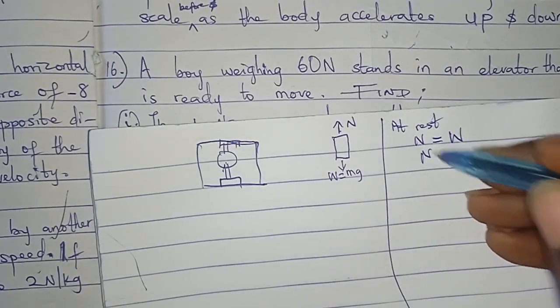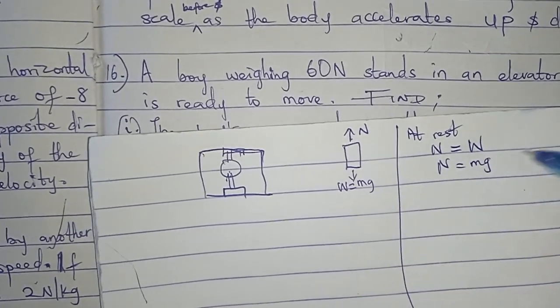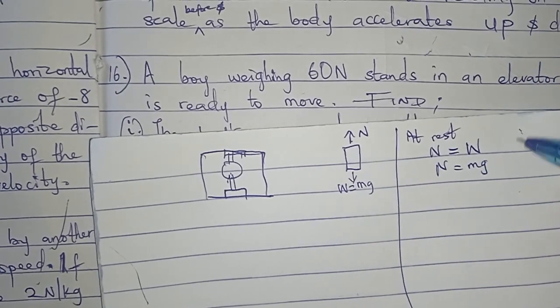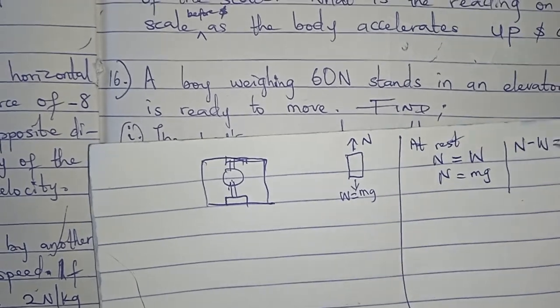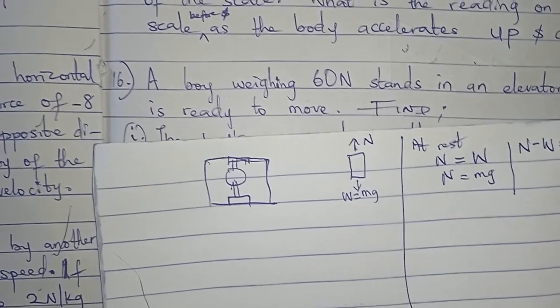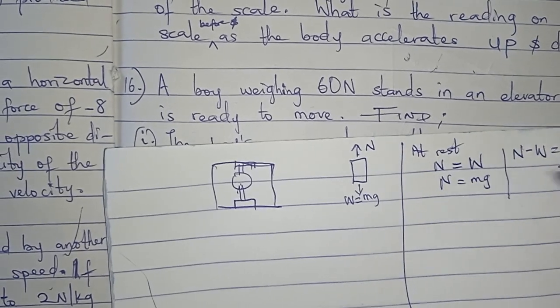They will be equal, so N will be equal to mg, because there will be no acceleration. Or you can do it this way: any of them minus each other will be equal to ma, and a here will be 0 because there is no movement, so everything here will be equal to 0.